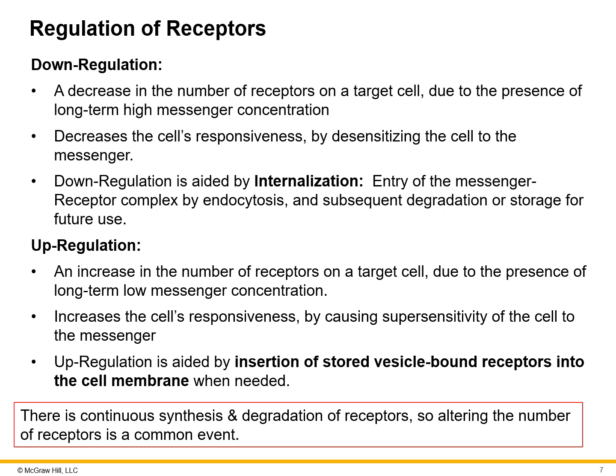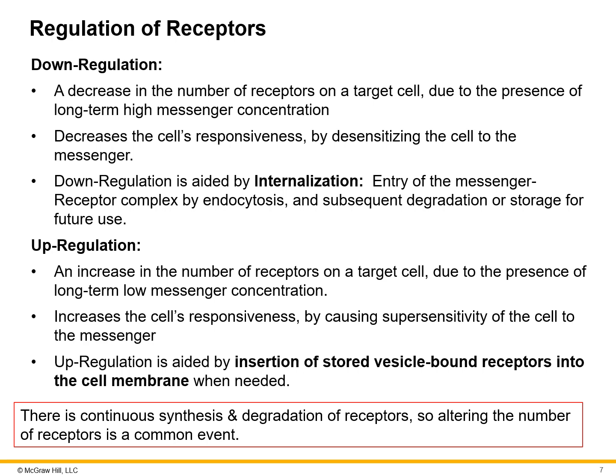So that means it's going to increase the cell's responsiveness because more of those hormones are going to be able to make the complex that then is internalized and stored for later use. So you're going to have more of those internalized complexes that are ready for a cellular response at a later date.